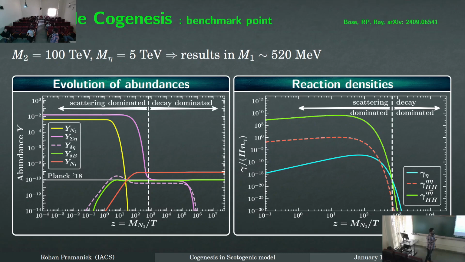But these numbers are large for colliders to detect. But there are, I think, strategies to search for this inert doublet from the LEP bound. I think this has a lower limit of around 80 or 100 GeV, but this number cannot be probed right now.